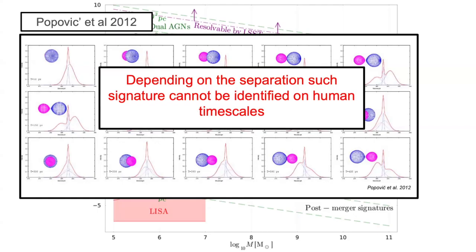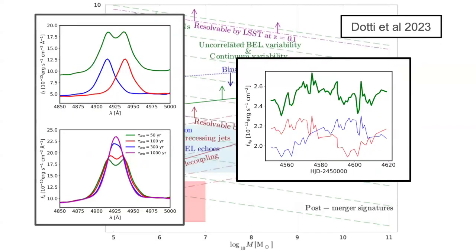So a possibility is either to search only for small separation binaries, or to use another signature for larger separations that requires a smaller time and is based on the uncorrelated variability of broad emission lines.